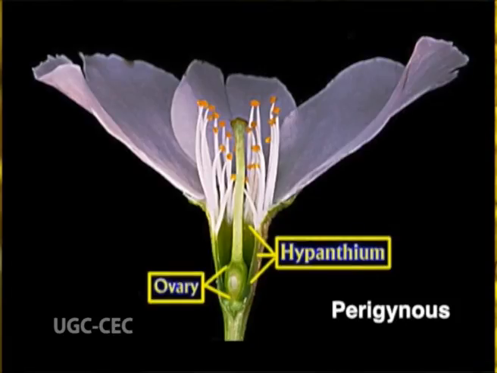Rose, cherry, peach, magnolia are some of the examples of hypogynous flowers. In a perigynous flower, the sepals, petals, and stamens are fused to a cup around the ovary called hypanthium or floral cup. Since the hypanthium surrounds the ovary, such flowers are called perigynous. For example, Prunus flowers are perigynous.